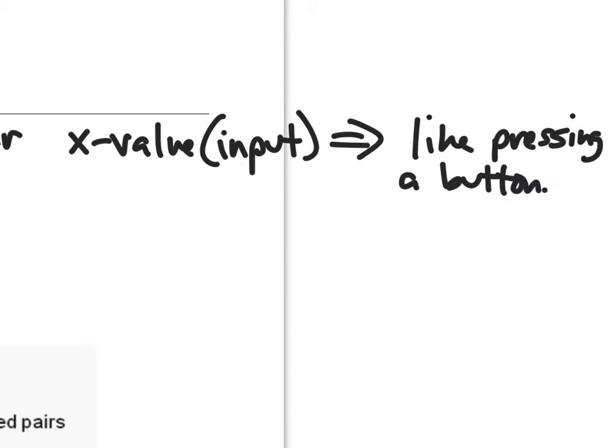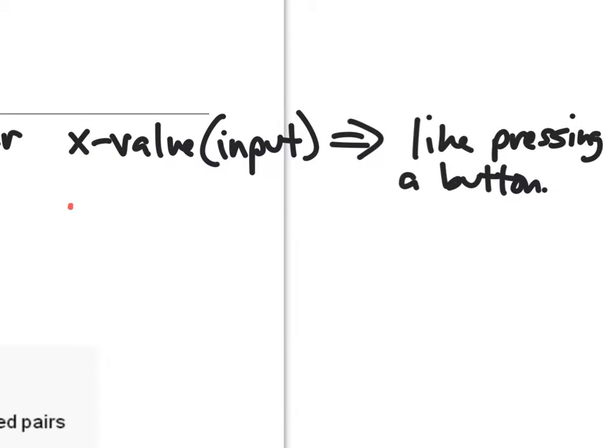Like, you get a capital letter. It's just a function. That's another X value. When you press a button, that's like hitting an X value.